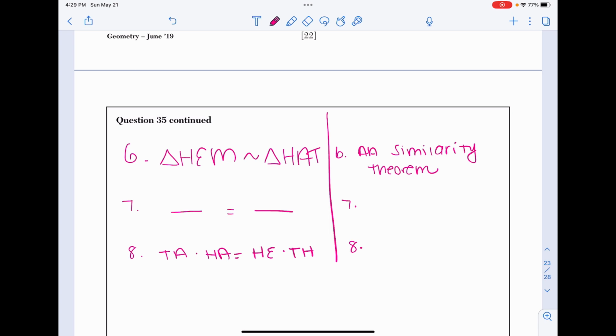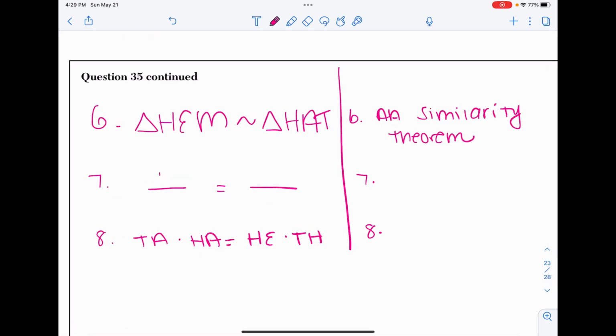When you have similar triangles, yes, the corresponding angles are congruent, but the corresponding sides are proportional. If they're proportional, that means you can write a proportion with them. So I'm going to fill in this proportion with those 4 segments. And you might say, well, how do I know how to fill it in?